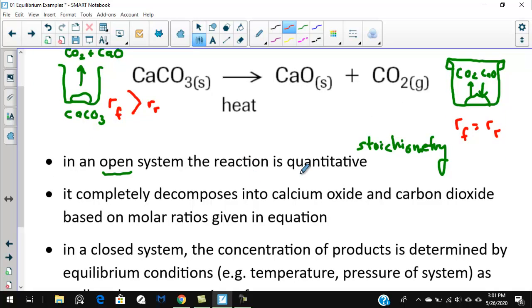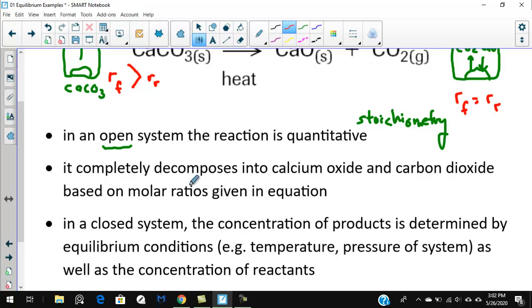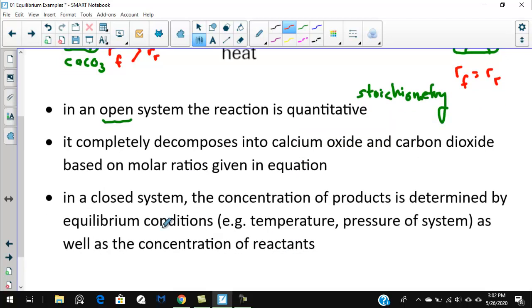And that's one of the things we'll do probably next week, is take a look at how we can use stoichiometry to figure out what the ratio is of products to reactants. So we can actually do all of our stoichiometry. We just have to do it in a slightly different way. Okay? And that closed system has some limits on it. You need to understand what temperature that system's at. We need to understand what pressure that system's at.